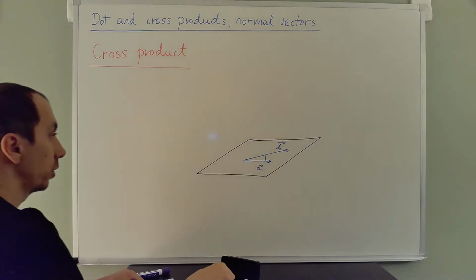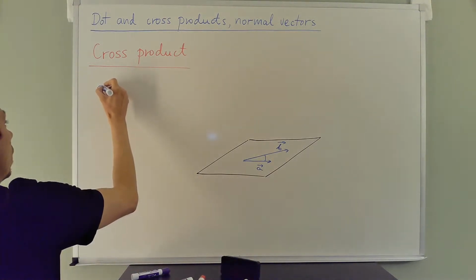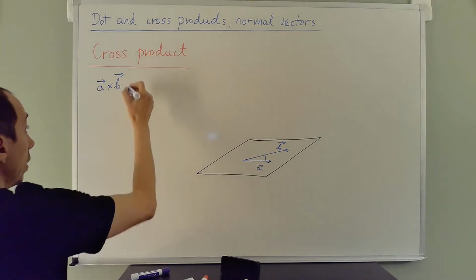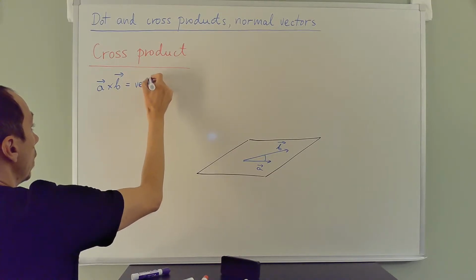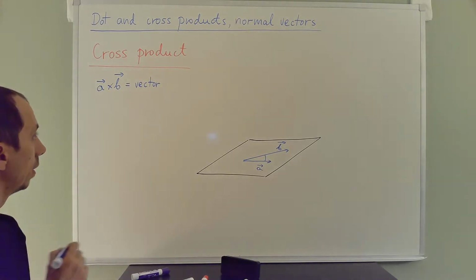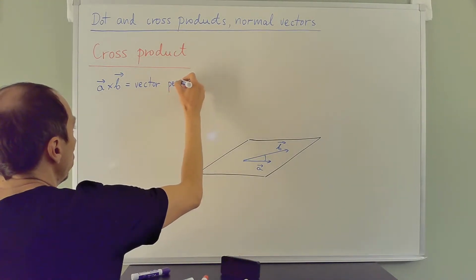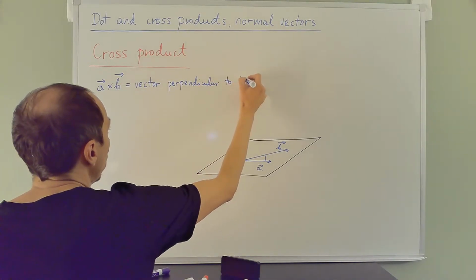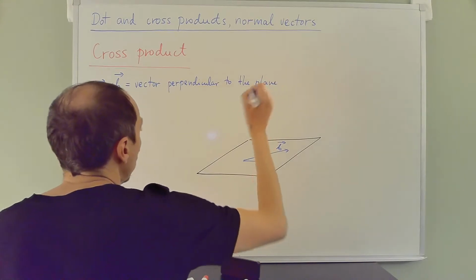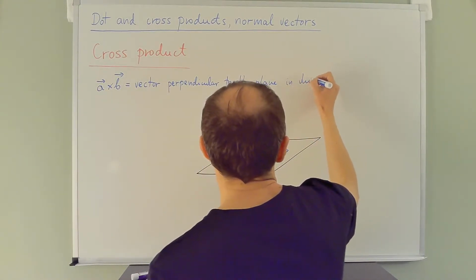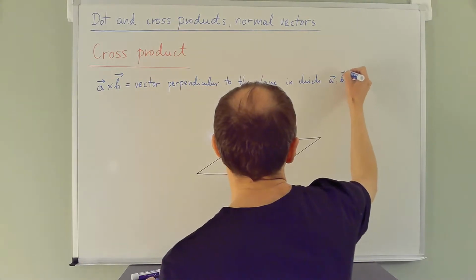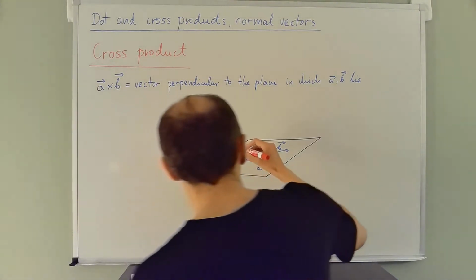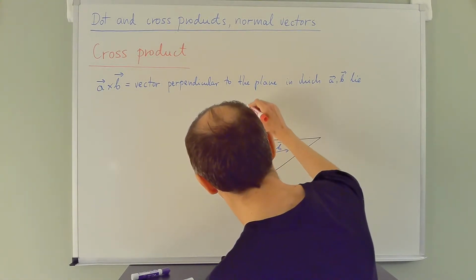Then A cross B is a vector perpendicular to the plane in which A and B lie. So that means the answer, the A cross B, is going to lie on the line that's perpendicular to this plane.